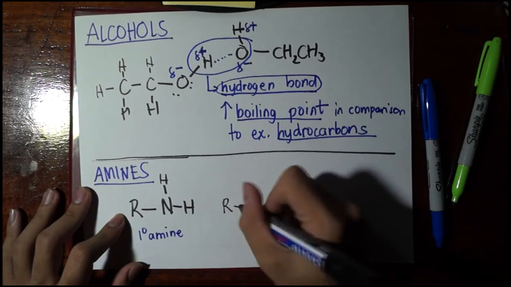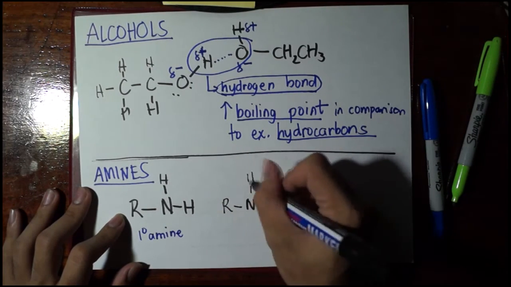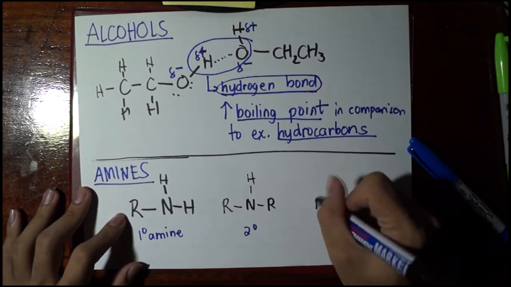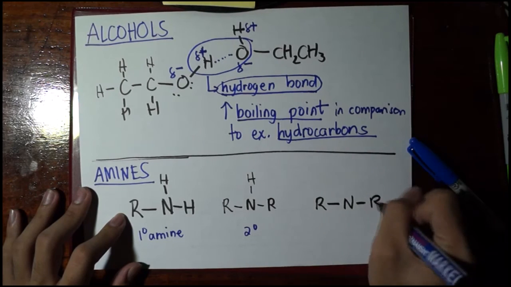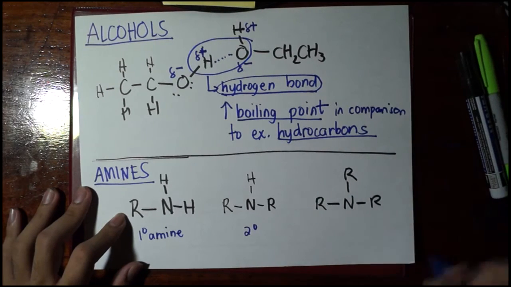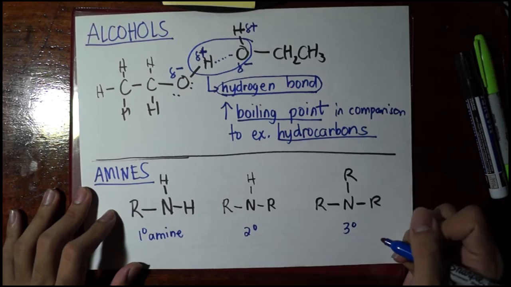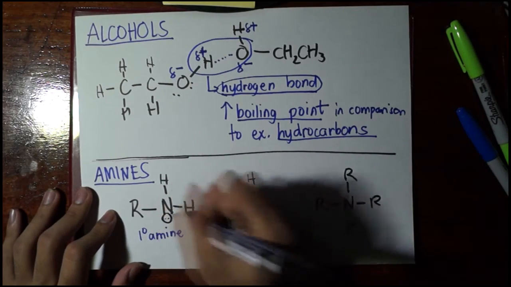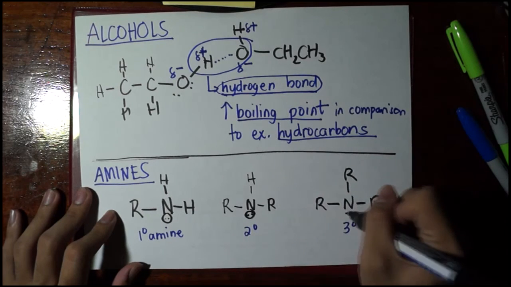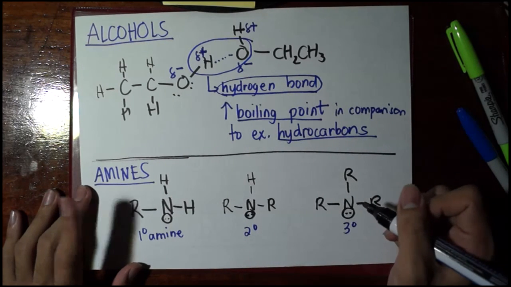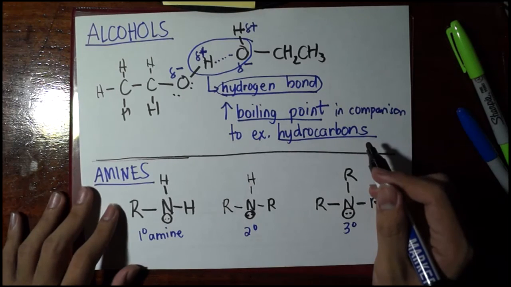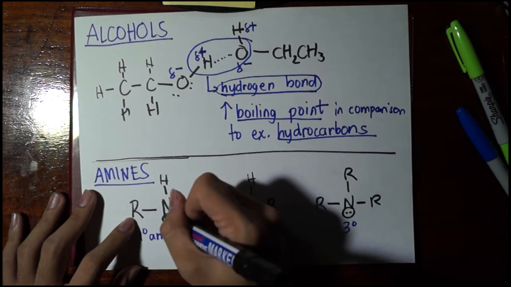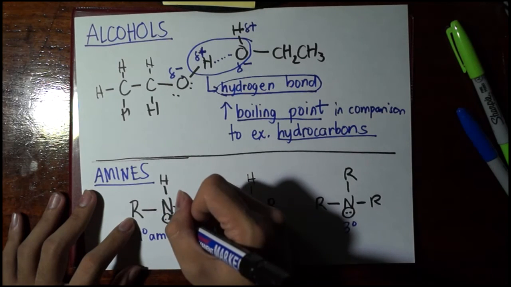And if you have two R groups, then I think you know the trend. This is secondary, and this is tertiary. Now, we know that nitrogen has one lone pair, and as compared to oxygen, nitrogen is less electronegative. So nitrogen, as compared to oxygen, is like, hey, I have lone pairs.